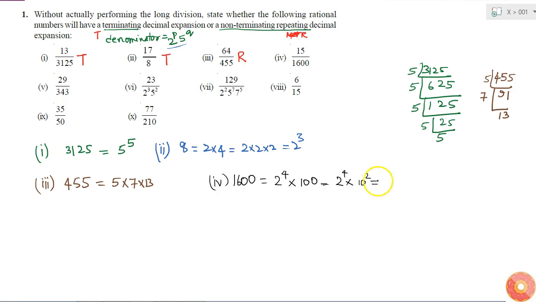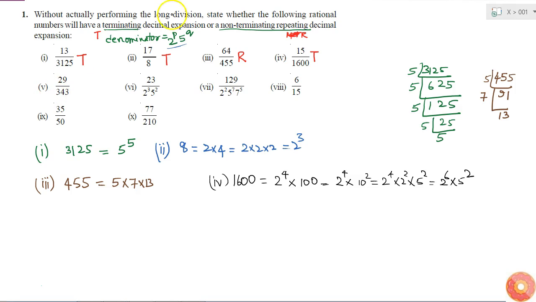What is 10? 2 into 5. So 2 to the power 4 into 2 square into 5 square, which is 2 to the power 6 into 5 square. As we can see, this is of the form 2 power p into 5 power q. So this decimal has a terminating decimal expansion.